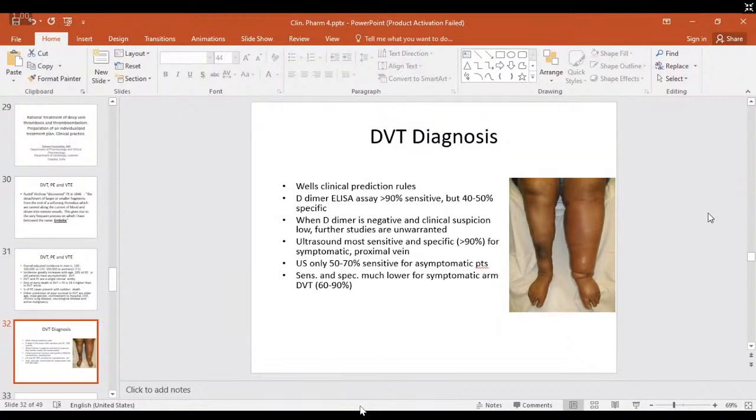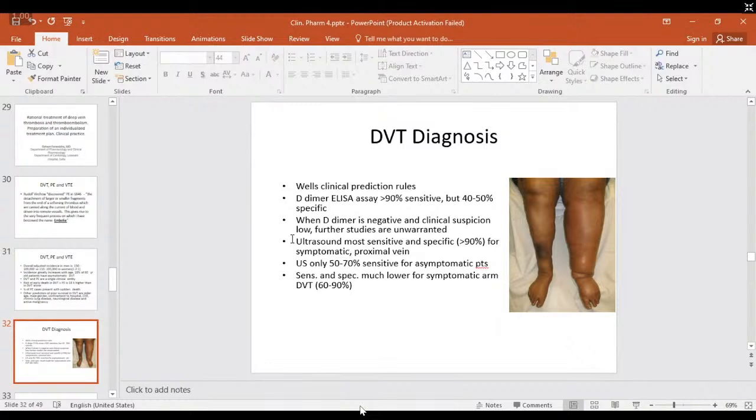Another very specific test is to use the D-dimer, which if it's below 0.5 or below 500, according to the different laboratories, so when it's negative, you can be more than 90% sure that there is no deep venous thrombosis or pulmonary embolism. But if it's higher than that range, then the patient may or may not have DVT or pulmonary embolism.